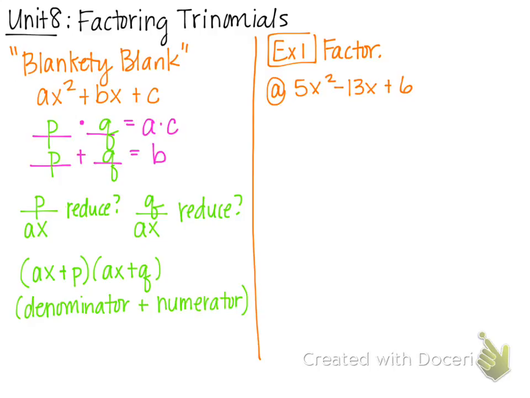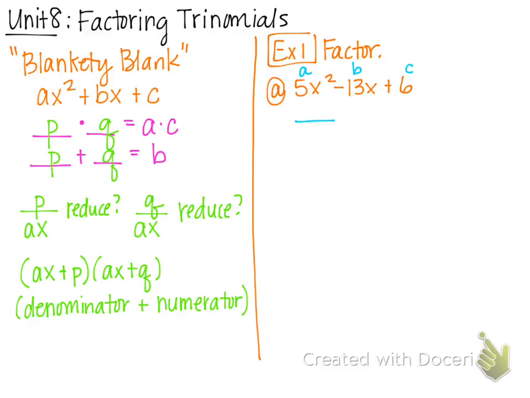Okay, so the reason why I've got this example directly beside here is because we're going to follow the steps for blankety blank using this particular example. So example 1, we're going to factor 5x squared minus 13x plus 6. So we're going to first pick out our a, b, and c. Now 5 is a, negative 13 is b, and 6 is c.